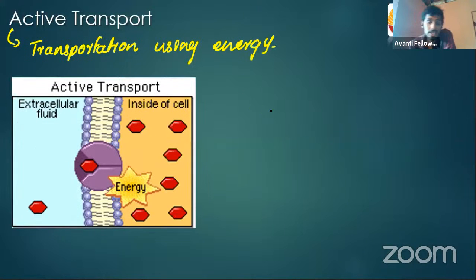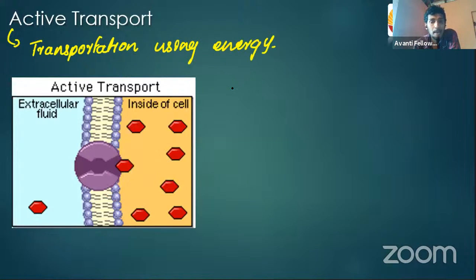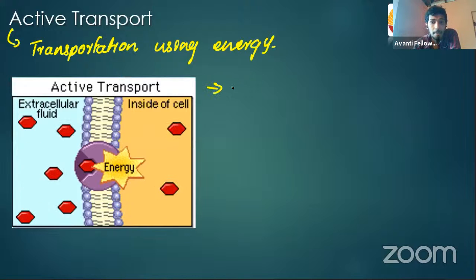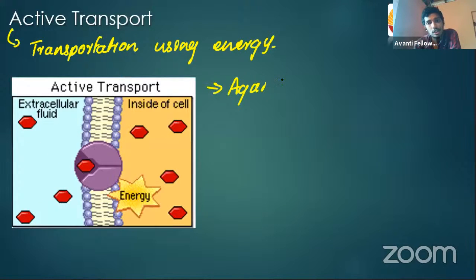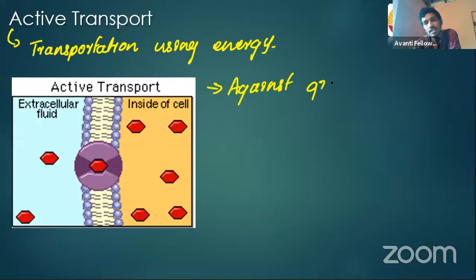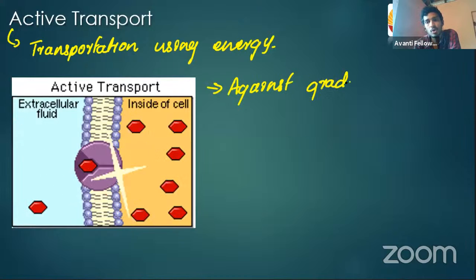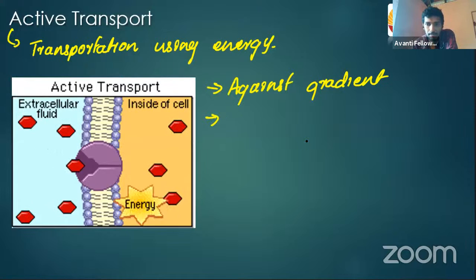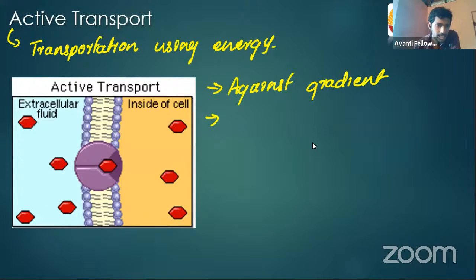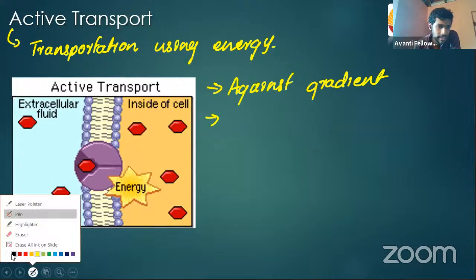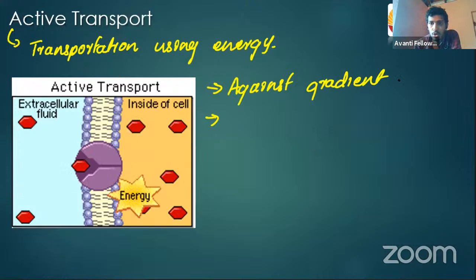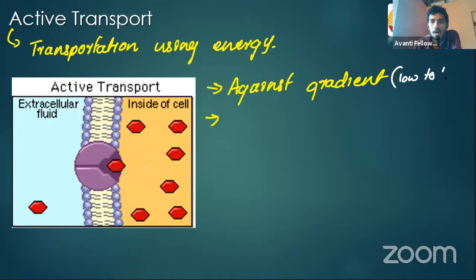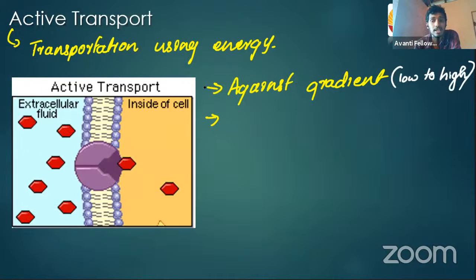Active transport may happen when the gradient is against. Against gradient. What is the meaning of gradient? As I told you, from the lower concentration to the higher concentration. Yeah, low to high, against gradient. I will write it down in the bracket here: low to high.